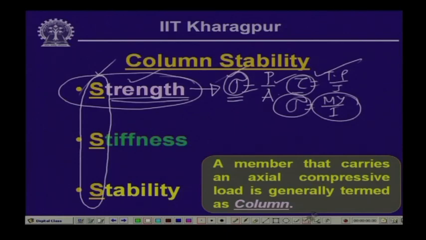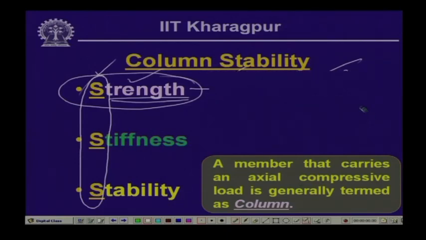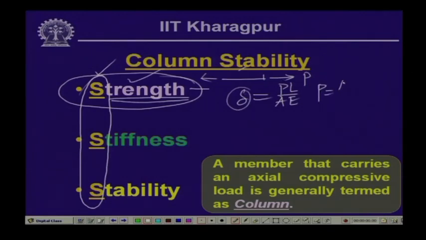Consequently, we have looked into the fact that if you have a member which is subjected to load, it will be undergoing deformation. Let us take for example a member subjected to the axial load P, with corresponding deformation delta equal to P L by A E. Now, if we like to relate delta with P, we can write P equals A E by L times delta.